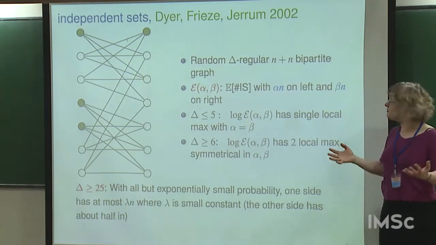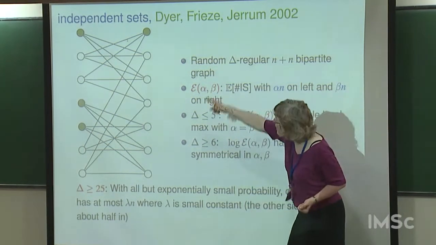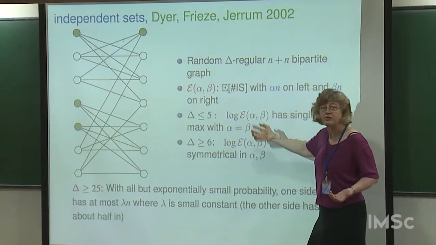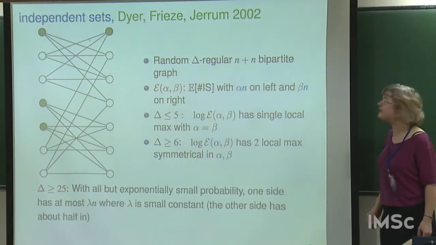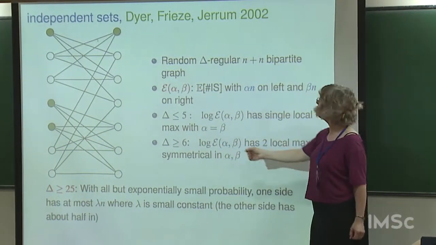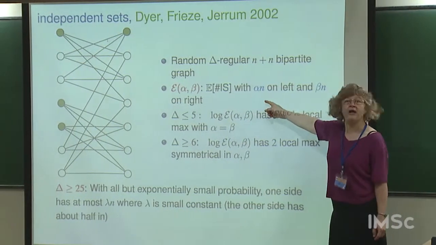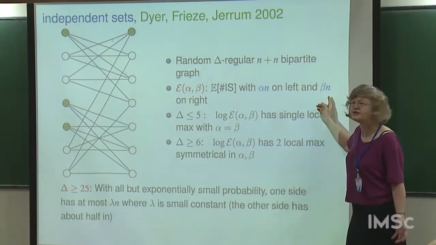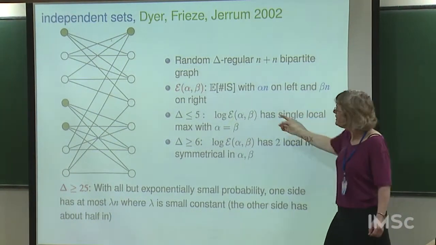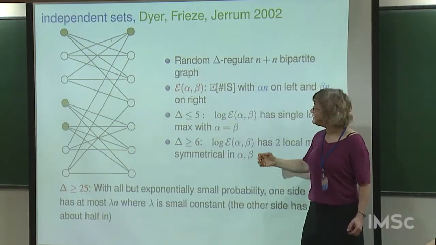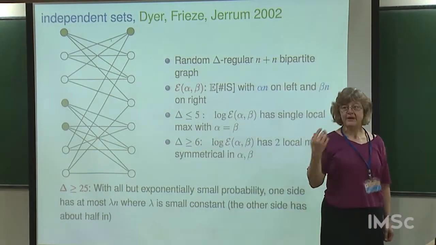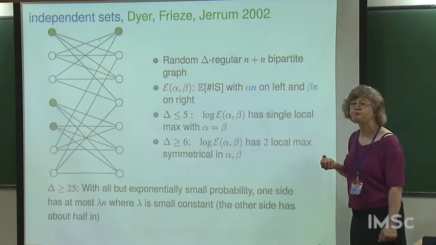So we want to get a feel for these numbers, so here we've got n is 7, so 7 vertices on the left and on the right. And I've shown you a particular independent set where alpha is 3 sevenths and beta is 1 seventh. And E of alpha beta is how many independent sets there are like that.